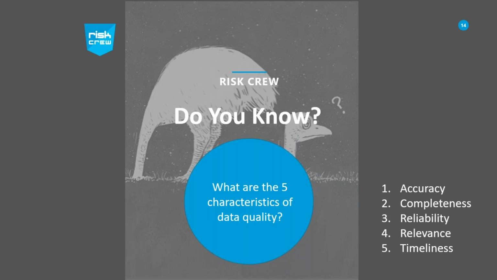Reliability is that a piece of information doesn't contradict another piece of information in a different source or system. You have to make sure that the data you've put in there is reliable. Relevance comes into play because there has to be a good reason as to why you're collecting the information in the first place. And timeliness refers to how up-to-date the information you've gotten is.